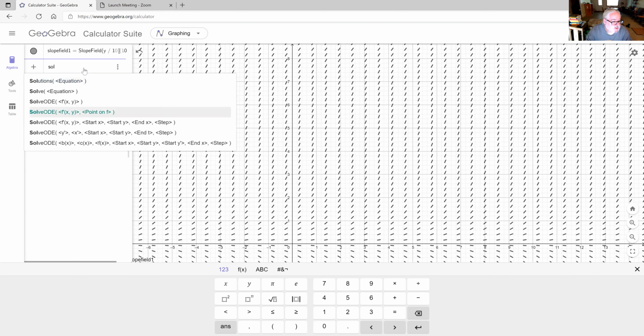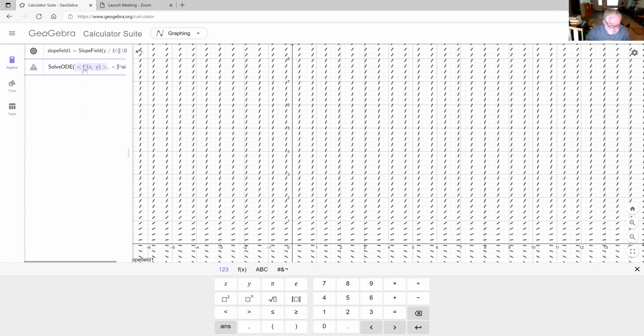Solve ODE. And the ODE we want to solve, for the right-hand side, is y over 10 times 10 minus y.